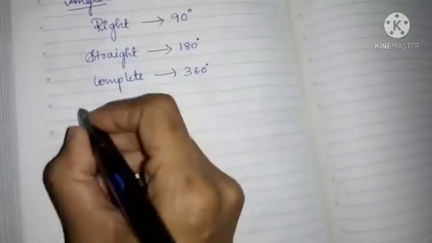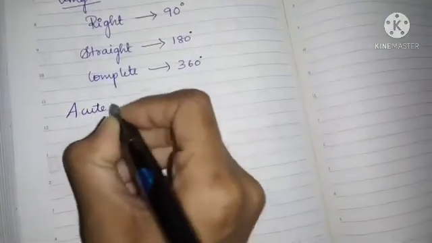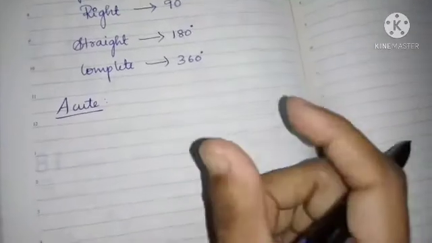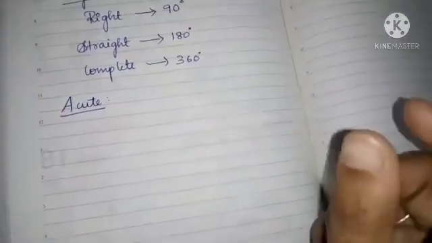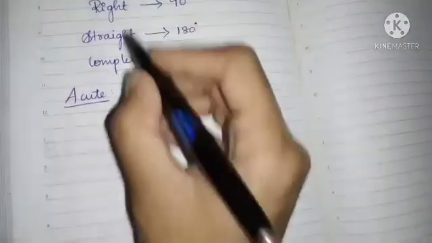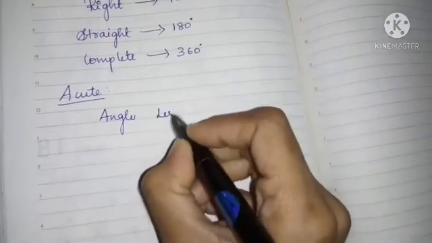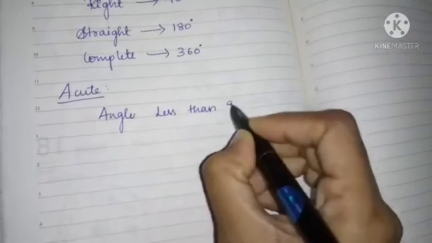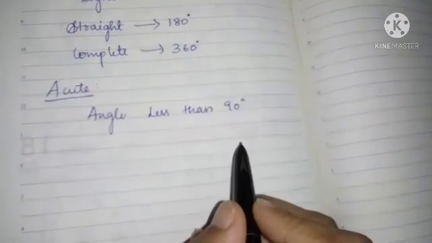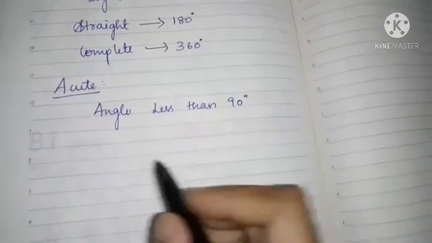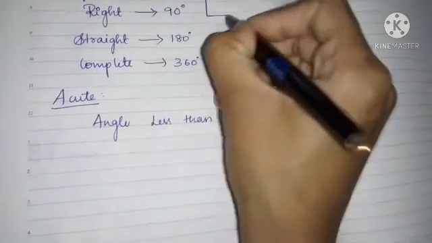We learn about the types of angles. What is the first type of angle? Acute angle. Acute means small. You can think like that. So an angle less than 90 degrees is called an acute angle. Right angle means it will be like this. Correct?